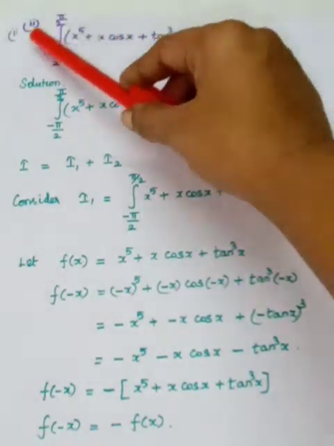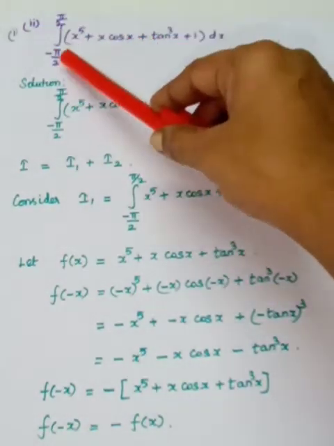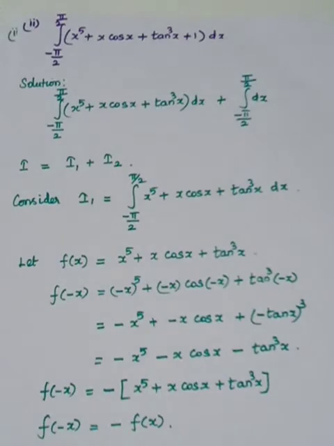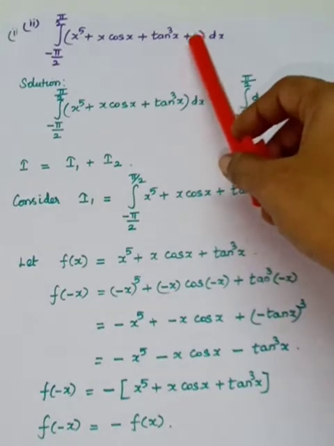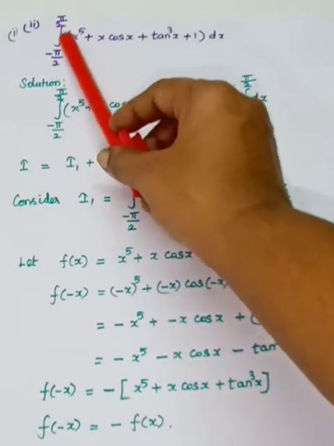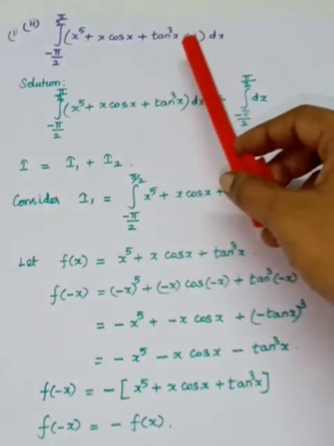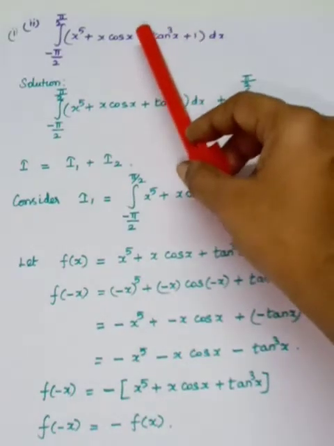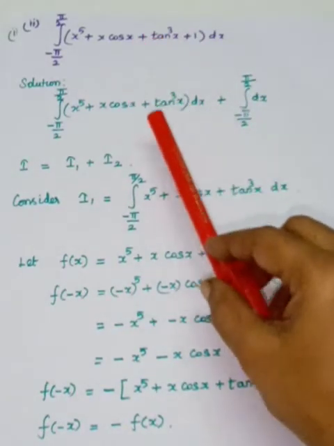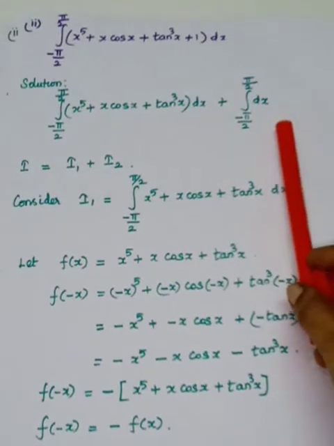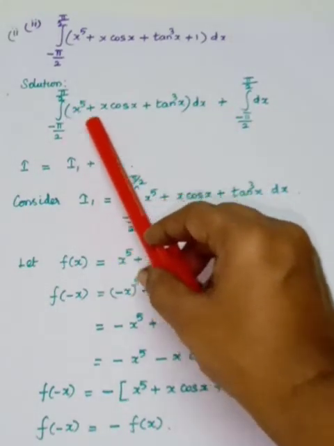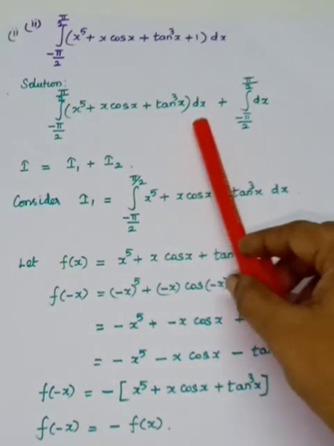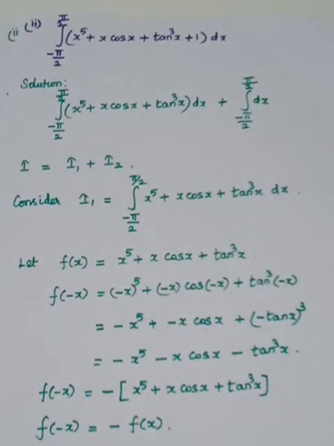So if the limit is coming like this, you have to check whether the given function is odd or even. Okay, so now, here you are having the constant term. So before checking odd or even, I am going to first write this integral as two integrals, combining the first three terms together and the last term separately.